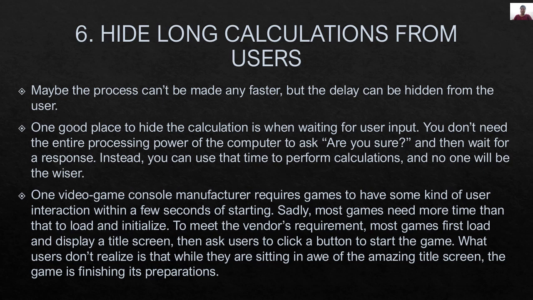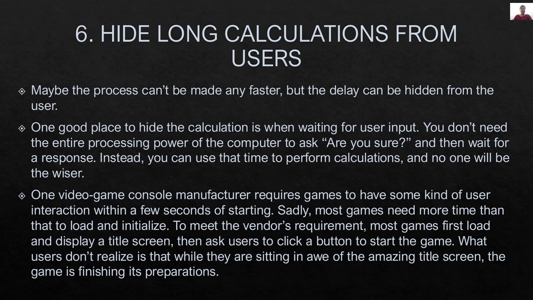One video game console manufacturer requires games to have some kind of user interaction within a few seconds of starting. Sadly, most games need more than that to load and initialize. To meet the vendor requirements, most games first load and display a title screen, then ask the user to click a button to start the game.